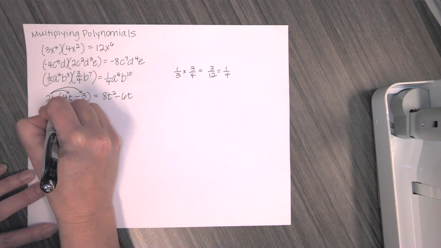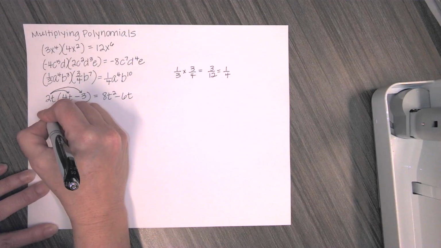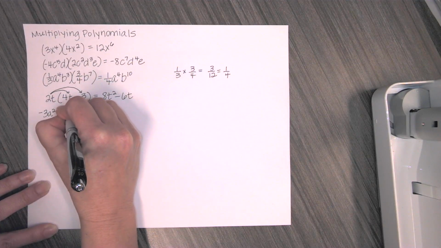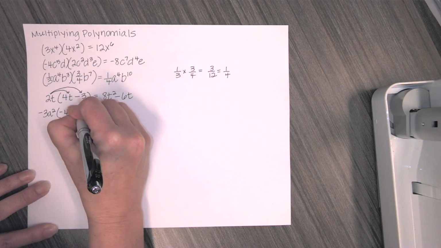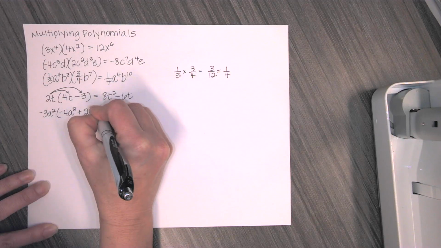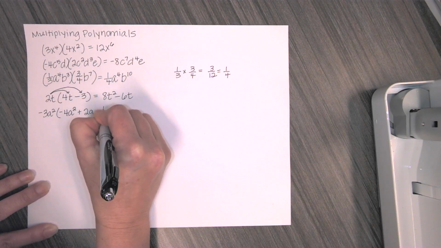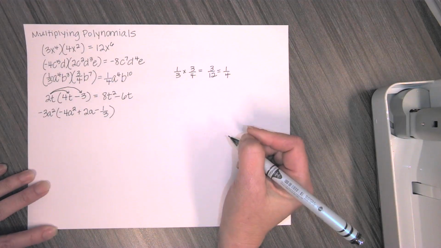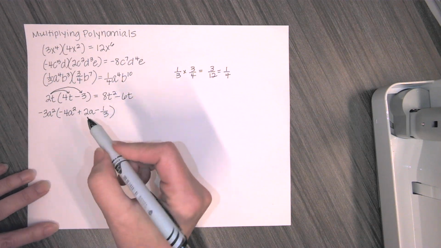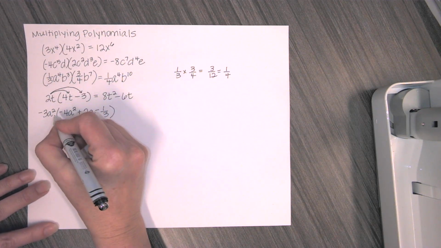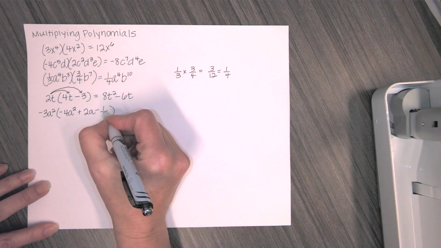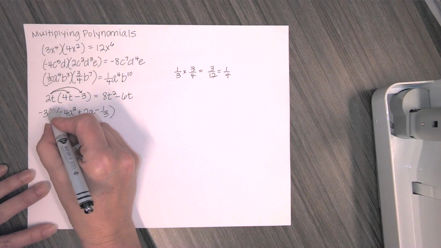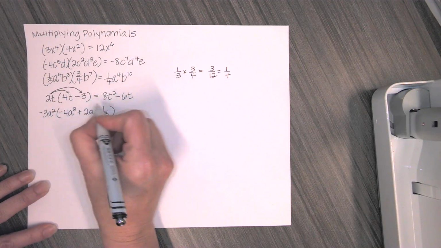Here we have negative 3a squared, which is a monomial, being multiplied by negative 4a squared plus 2a minus 1/3. Okay, this is a trinomial. Again, when we have a monomial times any size polynomial, we take that monomial and we distribute it through this polynomial.